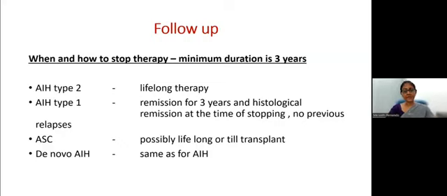So follow-up-wise, autoimmune hepatitis type 2, unfortunately, would require lifelong therapy, and in type 1, usually you can consider weaning off immunosuppression if they have achieved and remained in remission for 3 years. Sclerosing cholangitis possibly needs lifelong treatment, and there's a higher chance of recurrence after transplant.